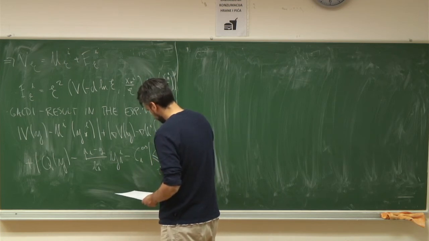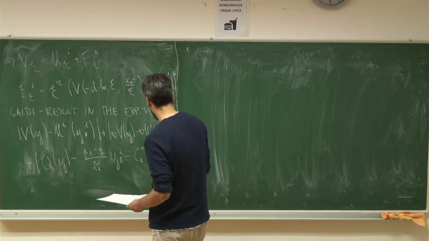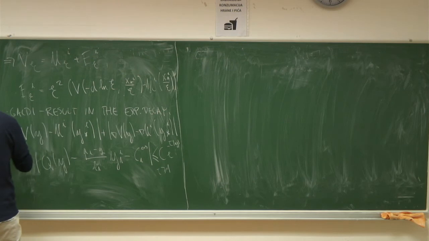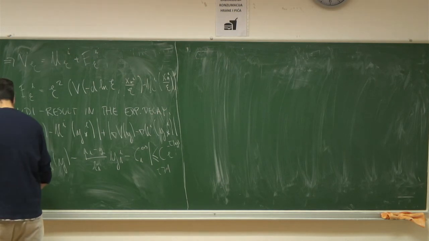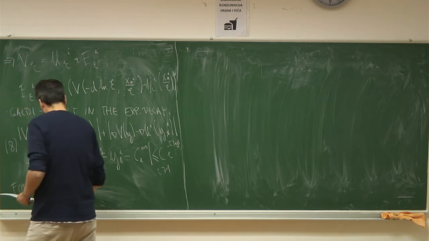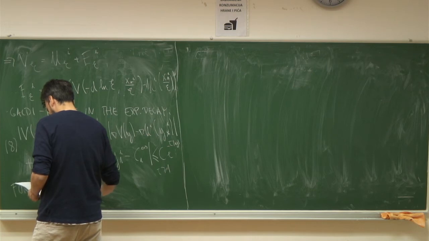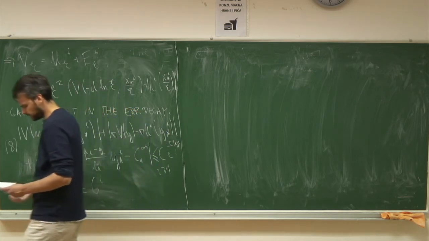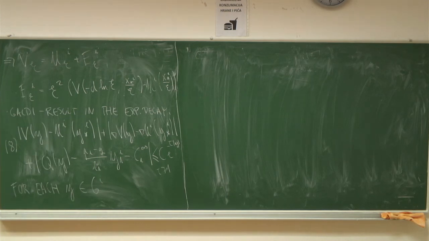So here tau is bigger than or equal to 1, for each y in gi, which is basically g epsilon I, rescaled by 1 over epsilon.